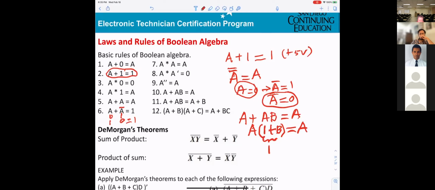Now, very important, what we call De Morgan's law. Theory: when you have a not over an expression, you want to remove that not here. X times Y, we call a product.